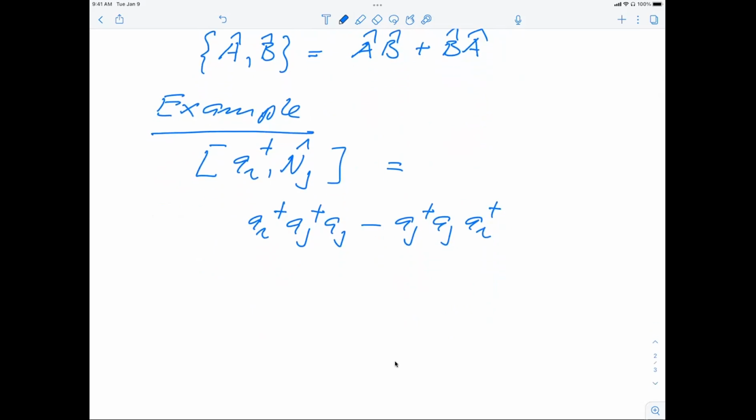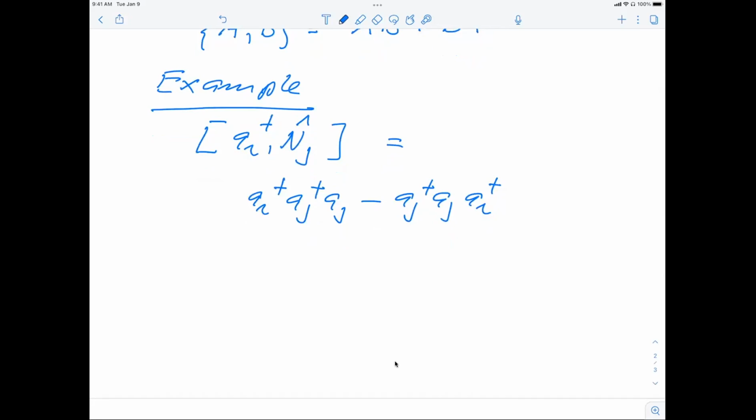So now what I'm going to do is, since I'm going to act on a specific state, I always want to reshuffle things so that I have an annihilation operator which acts on the vacuum state to the right, because then I know that this is automatically equal to 0 if it acts on the vacuum state. So if I now do the same exercise again, I can actually change my a_j with a_i, but let's just rewrite it now a little bit.